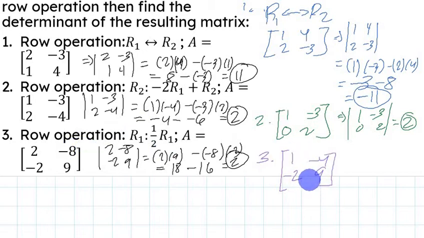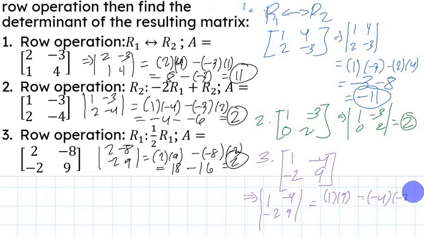So having that, we're now going to have this determinant. I better write it here. 1, negative 4, negative 2, 9 would be equal to 1 times 9 minus negative 4 times negative 2. This is 9 minus 8, which is equal to 1.